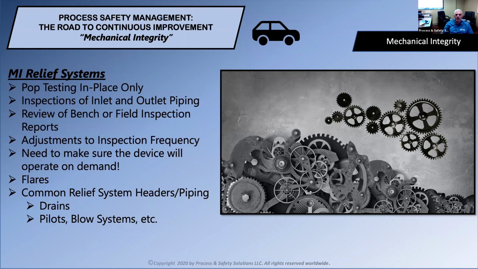The other thing that often gets overlooked in relief systems is flares and related equipment, whether that's knockout drums, whether that's the piping itself on the relief system headers and piping, including the drains, etc. It doesn't matter what industry you're in, even ammonia refrigeration has common headers that these relief valves relieve into.